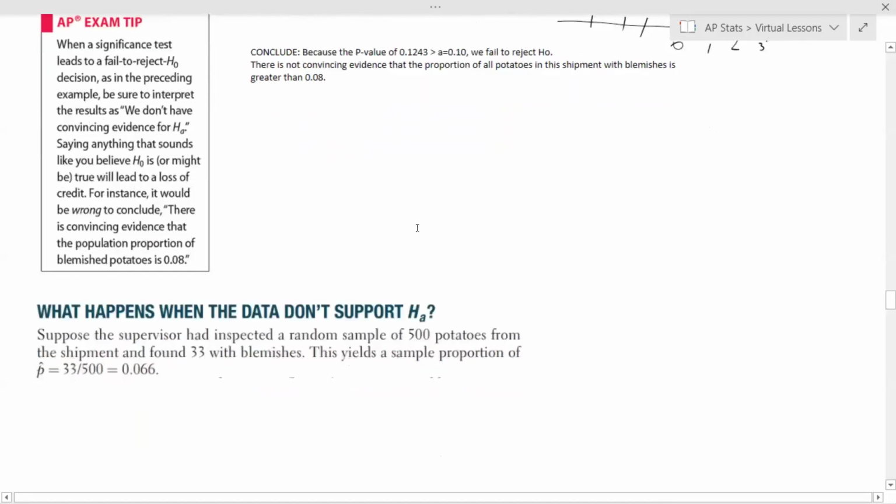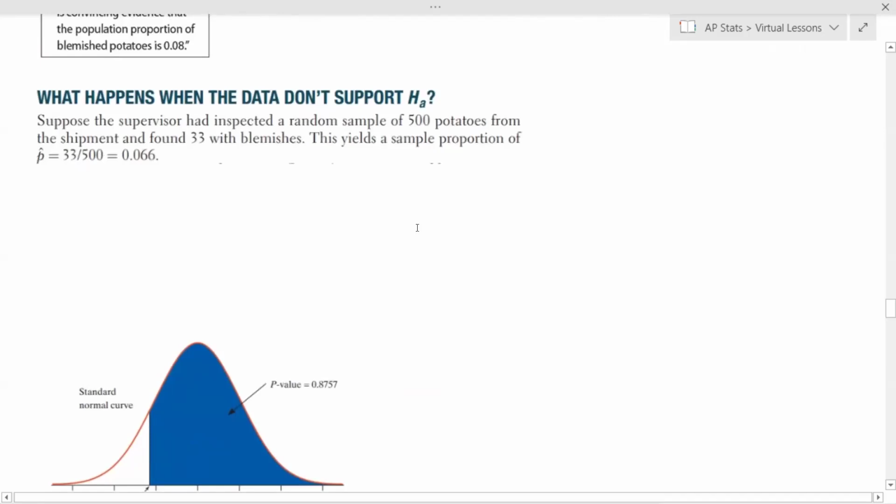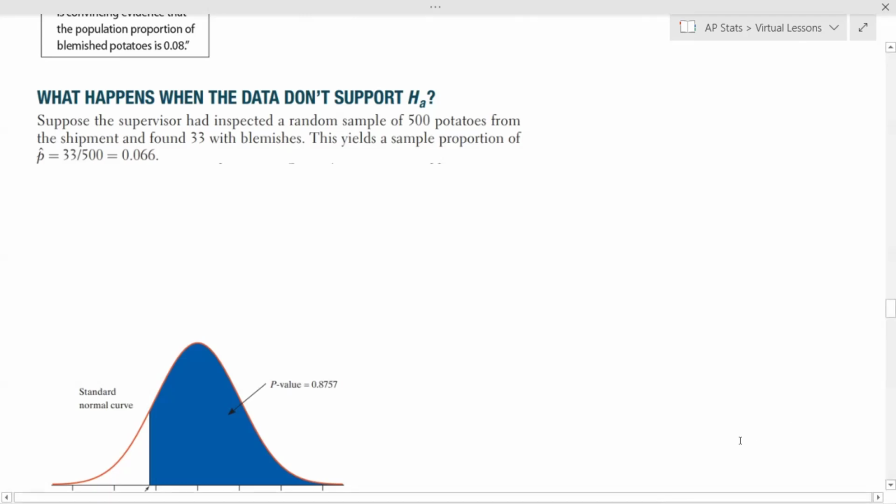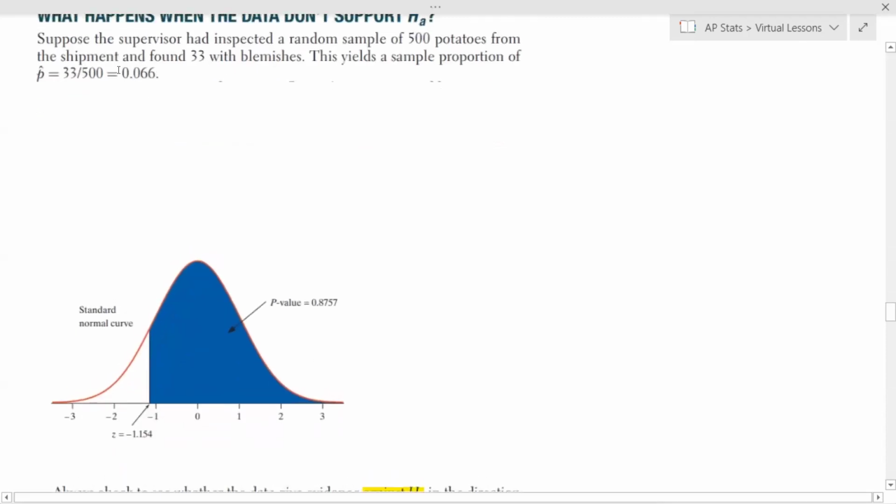Okay. So, what happens when the data don't support the alternative? Suppose the supervisor had inspected a random sample of 500 potatoes and found 33 with blemishes. That would yield a sample result of 0.066. And so that sample doesn't give any evidence to support the alternative hypothesis. If we went through and calculated the z-score and the p-value, this graph here shows that this proportion is a little bit less than the null.